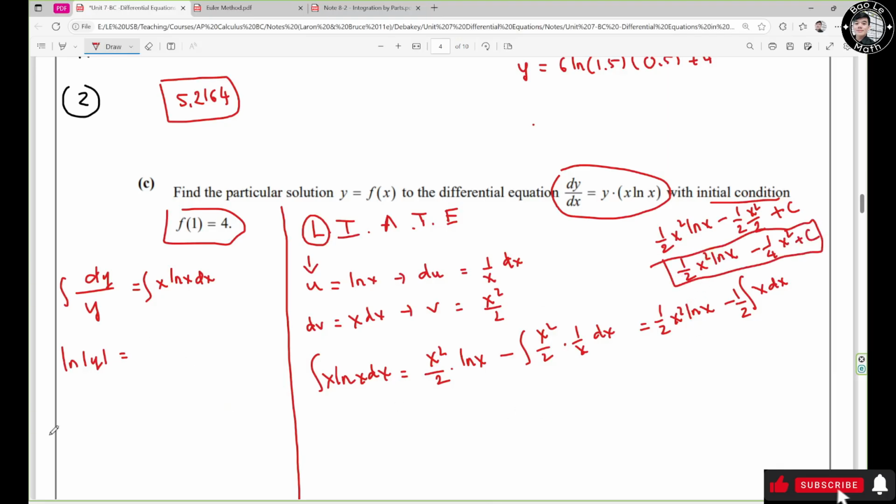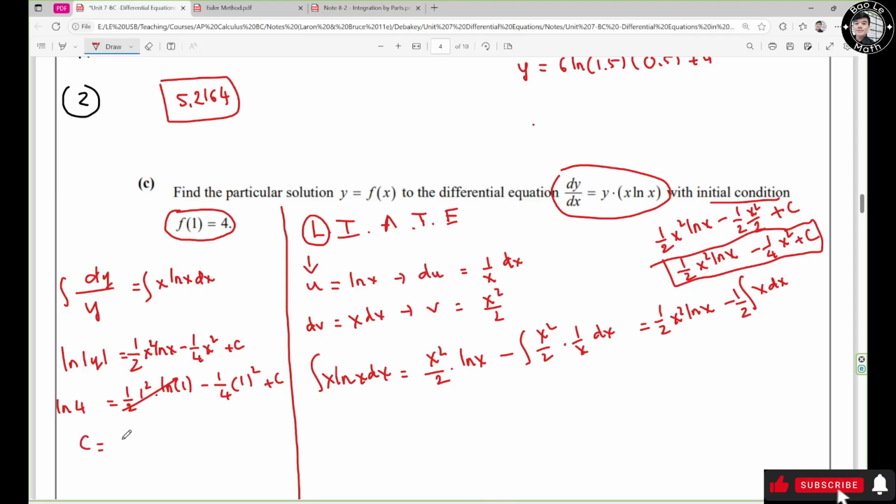So I'm going to bring this one over here. We need to use the initial condition right here to solve for C, right? So we have natural log of 4 equals 1/2 times 1 squared times natural log of 1 minus 1 over 4 times 1 squared plus C, right? So this one equals 0.